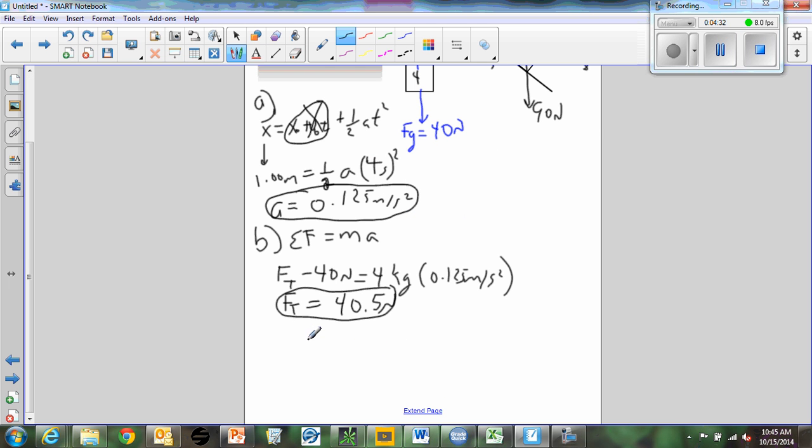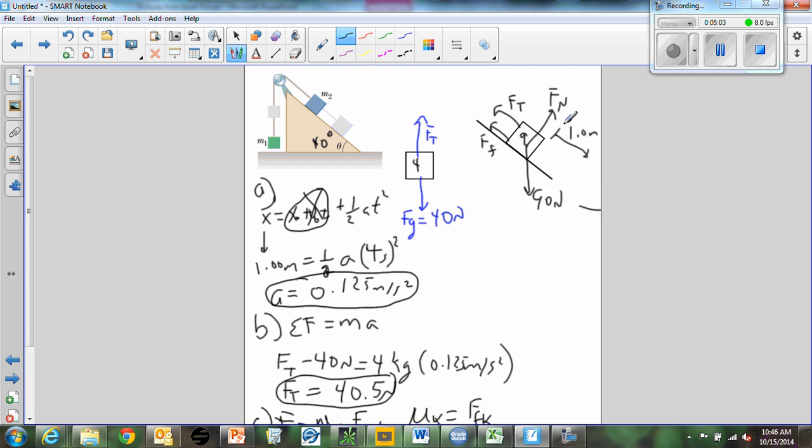To do that, we have to realize that the force of friction equals mu, and this is kinetic friction, times F of N. In other words, the coefficient of kinetic friction equals F of F kinetic over F of N. Well, that's something we didn't do up here: we didn't figure out any of these numbers.